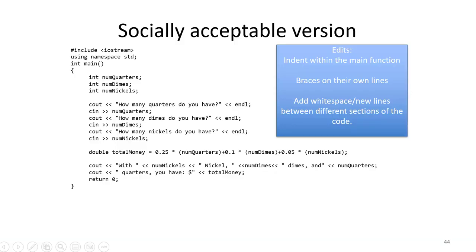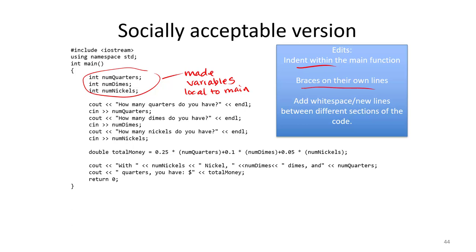All right, so here's an example of how that code could look when it's all cleaned up. So notice we indented within the main function. We also made variables local to main. They were declared outside of main before, so we put them inside.